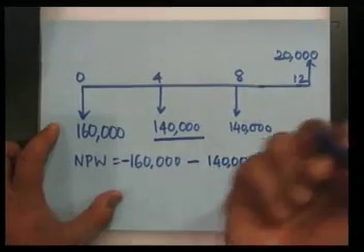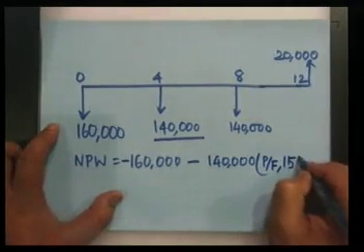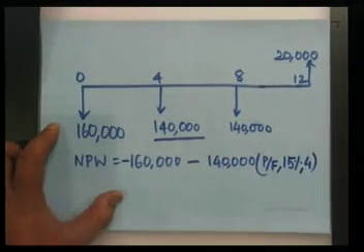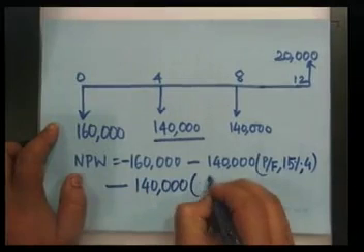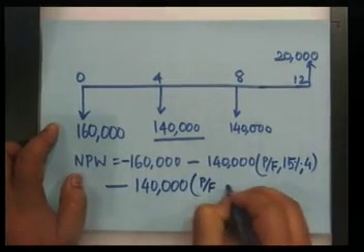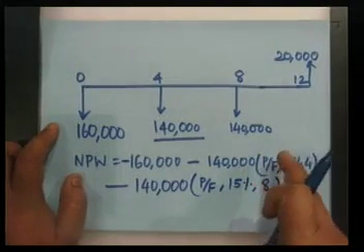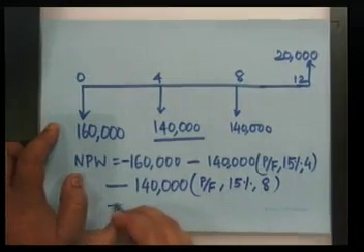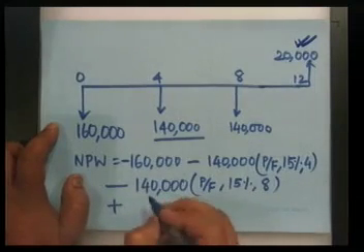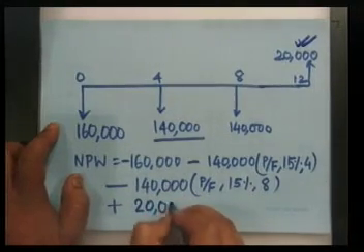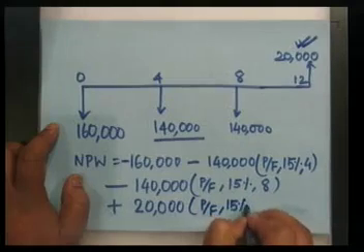I am interested in finding P. So, I will write the factor P given F for an interest of 15% for a period of 4, minus again 140,000 multiplied by P given F 15%, now the period is 8, and finally a plus sign would appear because this is on the plus side, so plus 20,000 P given F 15%.